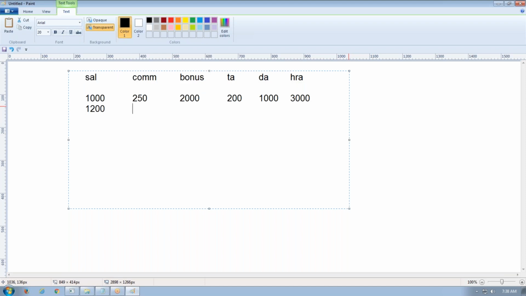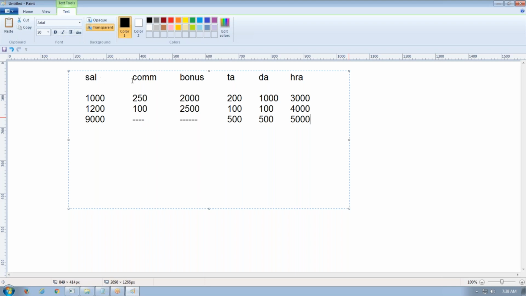In the next record salary 1200, commission 100, bonus 25, DA 100, TA 100, HRA 4000. One more record: salary 9000, no commission, no bonus, TA is 500, DA is 500, and HRA is 5000. These are the three records.